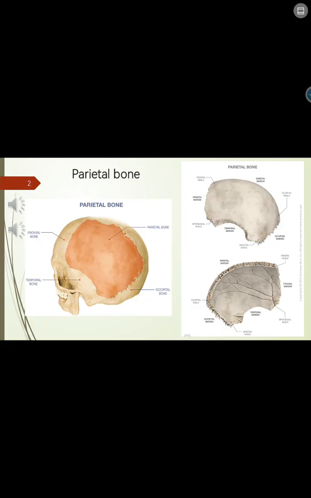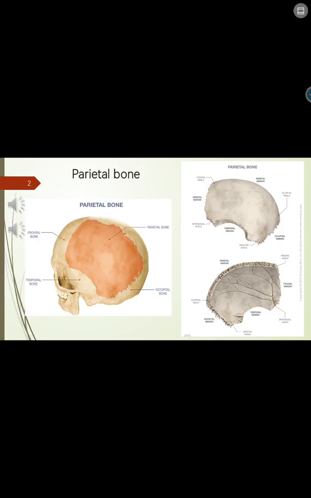We have two temporal lines, superior and inferior, that cross on the external surface of the parietal bone and form some arcs here. The temporal fascia is attached to the superior line, and the temporalis, a muscle, is attached to the inferior temporal line.